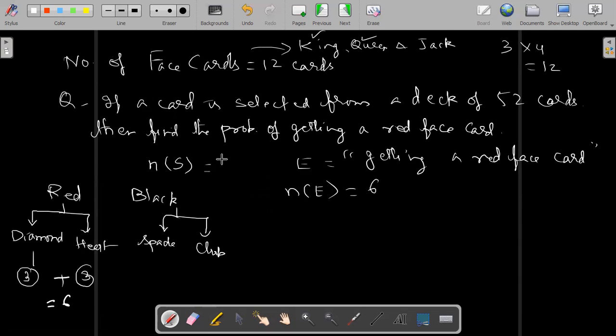So out of 52 cards, we have to take 6 cards. Therefore, the probability of getting this event will be equal to 6 by 52, which is 3 by 26.